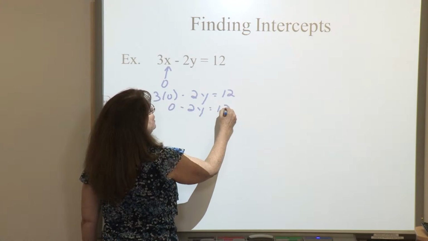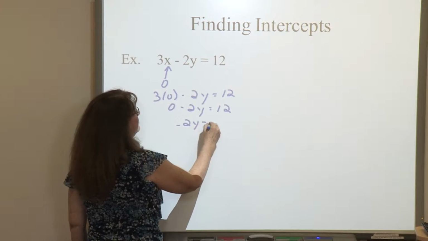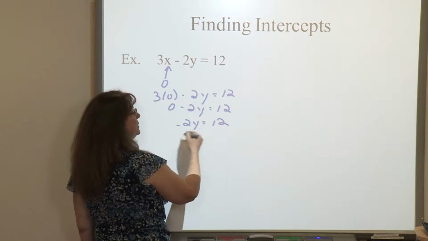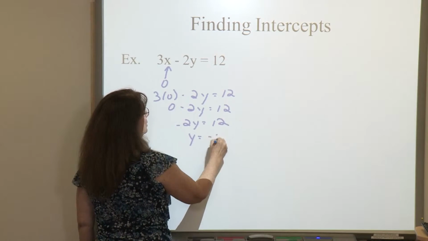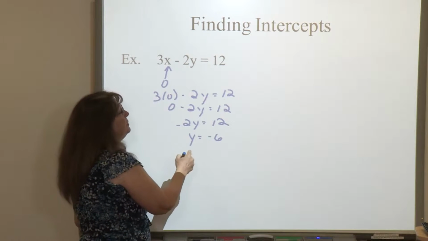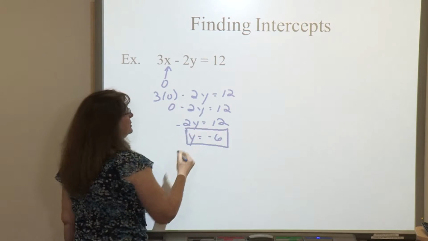And that's going to eliminate one of my variables. So the x's are going to be gone, and I only have the variable y to solve for. So solving for y, if I divide both sides by -2, I get a value of y = -6. This is going to be considered your y-intercept, or where you're going to cross the y-axis.